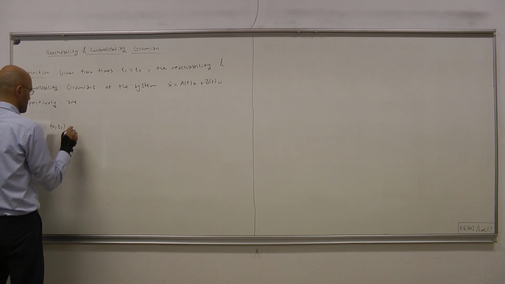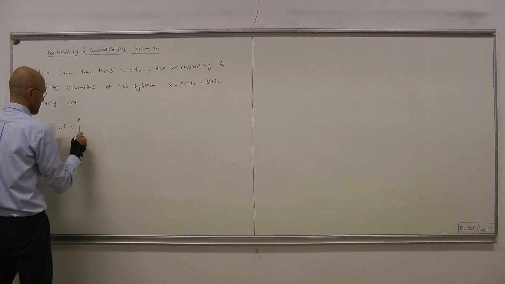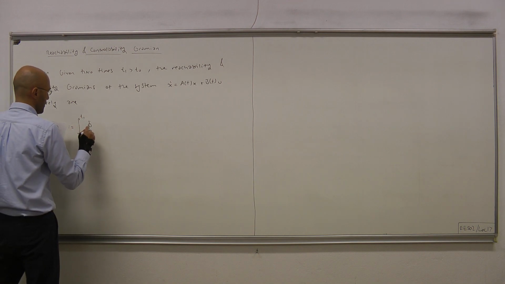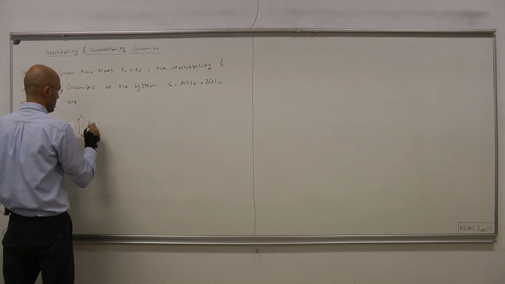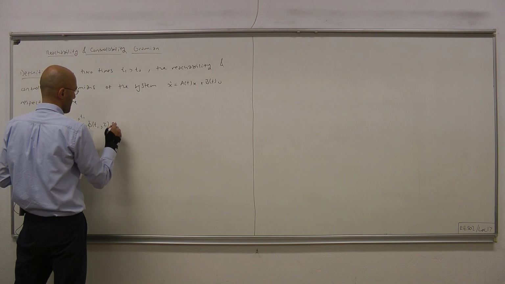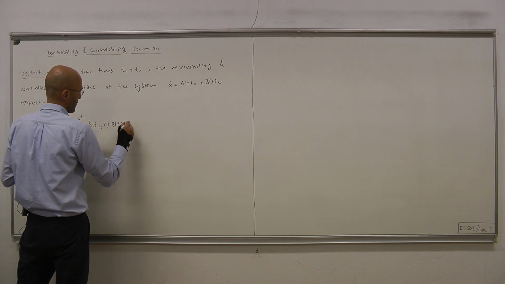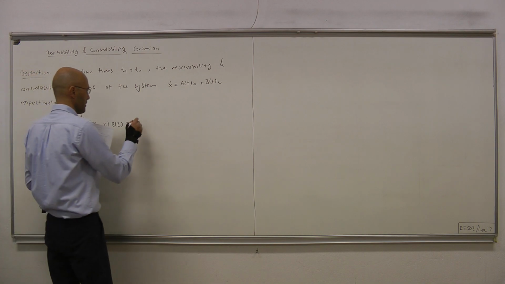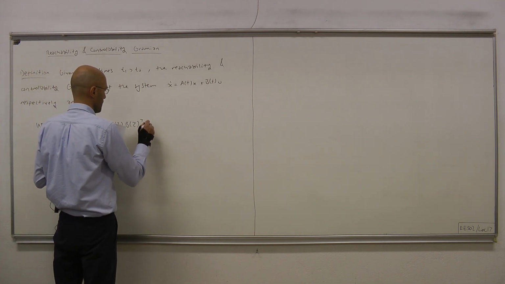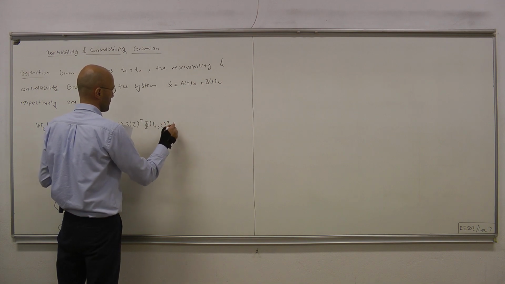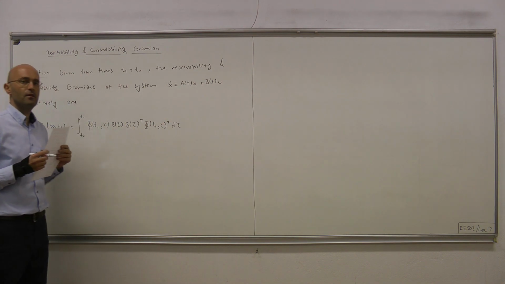It's constructed as this integral from T0 to T1 of phi(T1, tau) B(tau), and then you take the transpose of this term, B transpose and phi(T1, tau) transpose, d tau.